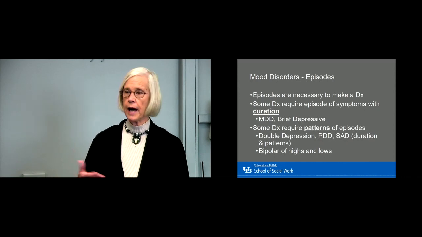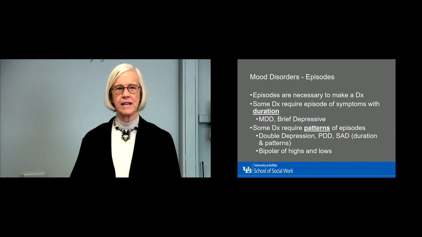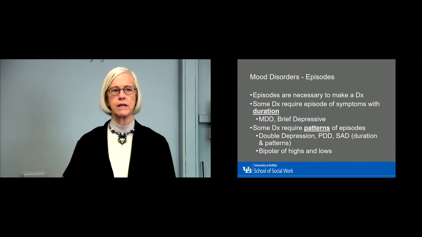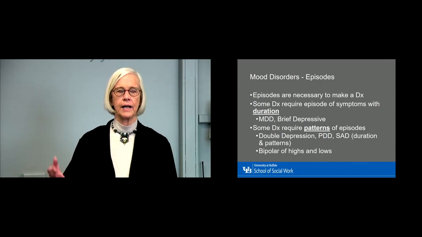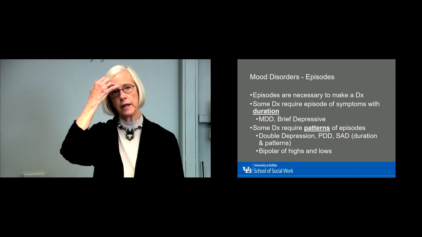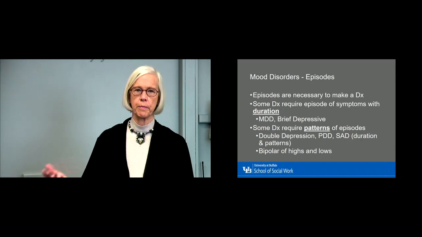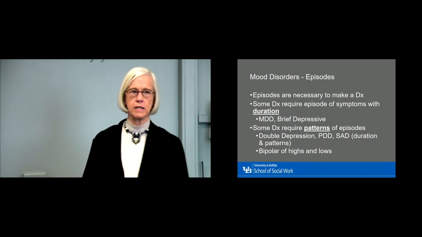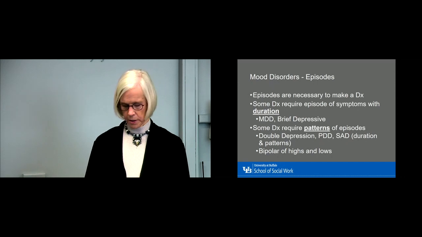Anyway, no matter how you look at it, you need an episode to make a diagnosis. And as I said, some are duration based and some are pattern based. And with the pattern and durations, you want to think very carefully how they're presenting and get good history. Think of Ashraf, where the pattern was that he had highs and lows, but they diagnosed narcissism.